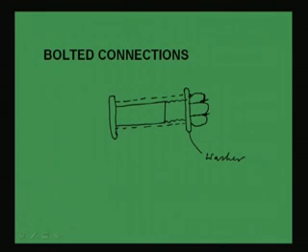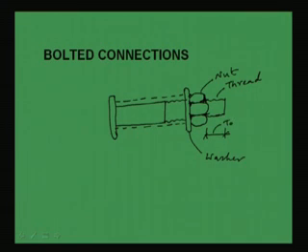So, this is how it will look here. This portion is called the nut, and this will go again, and this is called the thread. This is the thread, and this distance is called tolerance.